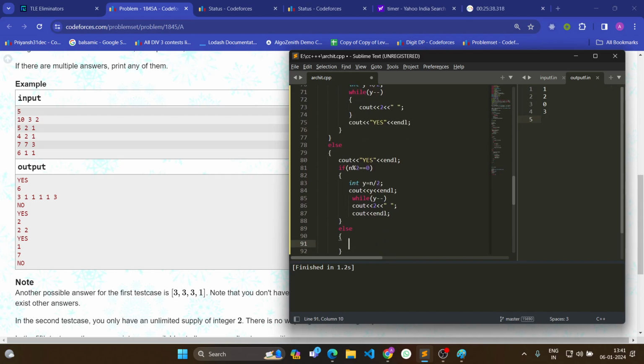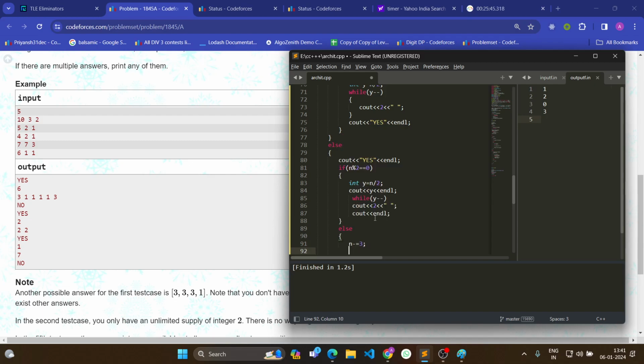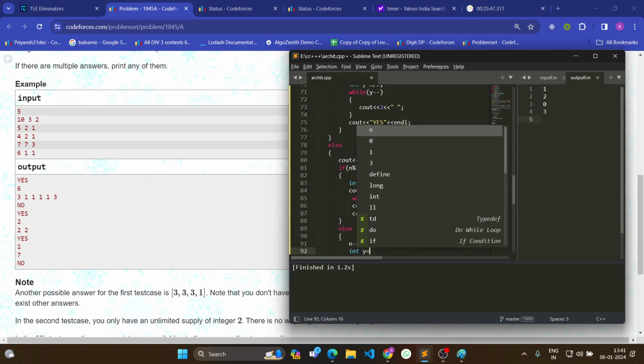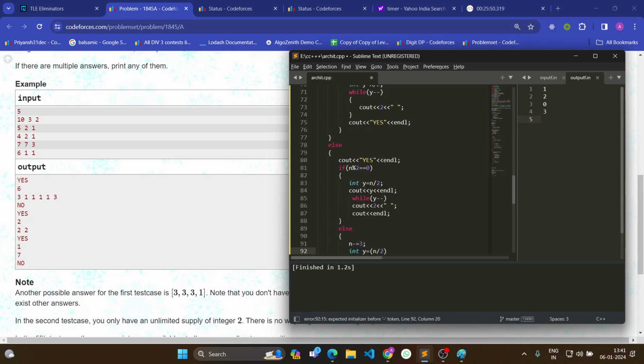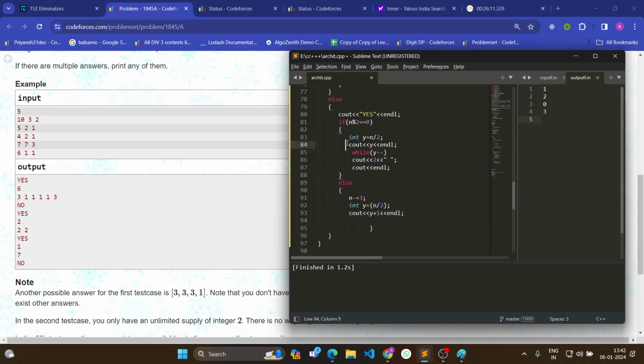Else the thing is that I can subtract 3, so n minus equals 3, int y is equal to n by 2, and the answer is y plus 1, and again the same thing.